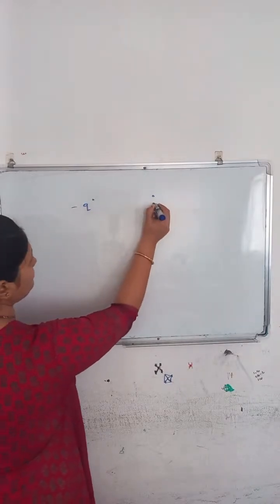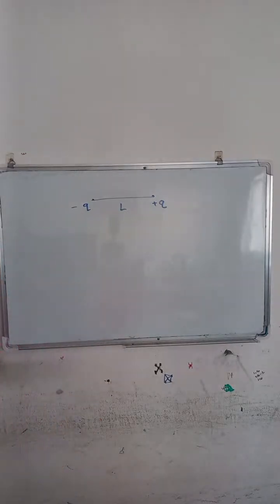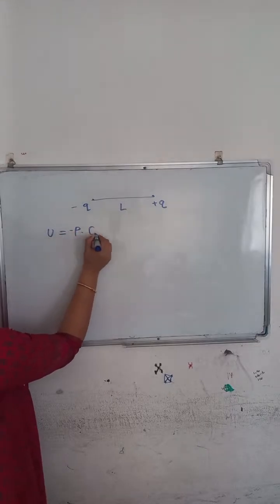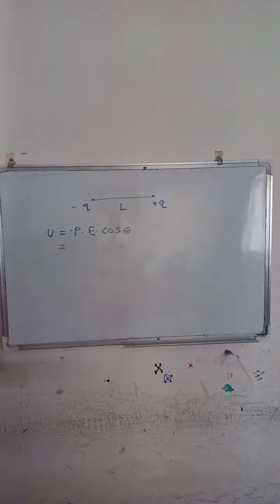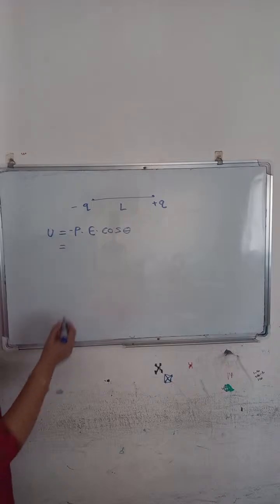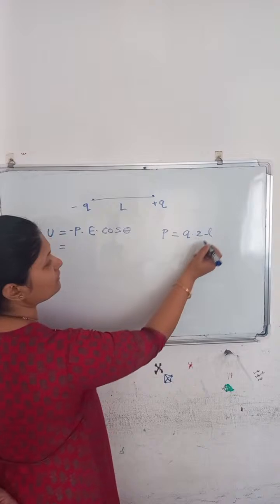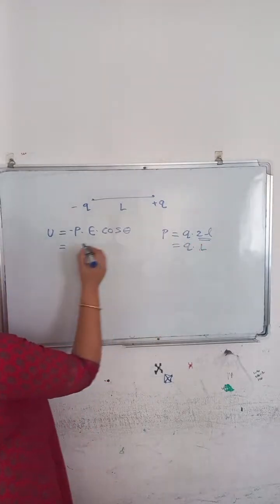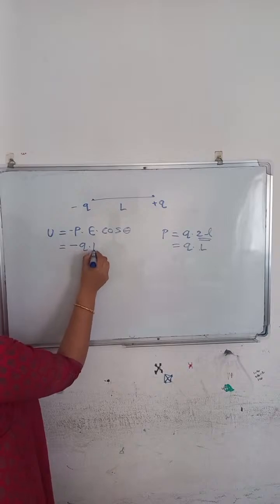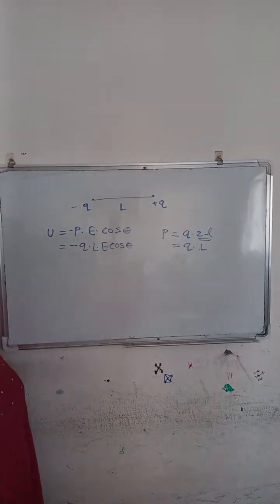So here this is the dipole and the charges are separated by distance capital L. We know that U is equal to minus P E cos theta. P is the dipole moment, which is Q into 2L, but this 2L is given as capital L. So I replace this, and it will become minus Q into L, E will remain as it is, and cos theta.